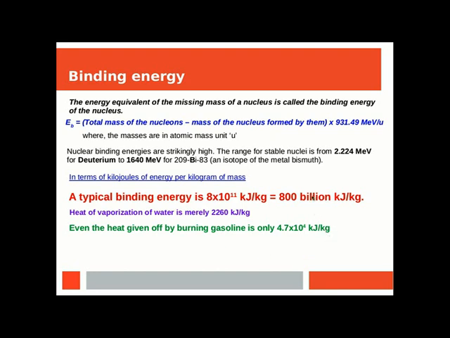So comparing these numbers, you can see that 800 billion is astronomical compared to a minuscule 2260 kilojoule per kilogram and 4.7 times 10 to the 4 kilojoule per kilogram. This is quite a big number, but it is still a dwarf compared to this value.